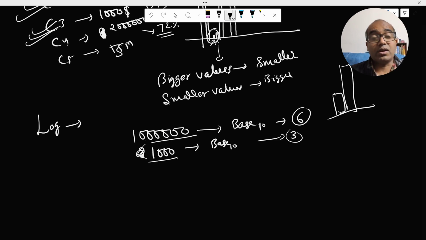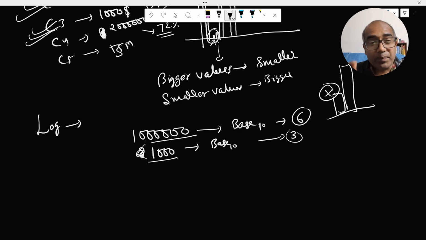But the difference is not too big. The difference is not so significant that your model would think this data is really not important. So with the help of the magnifying glass, known as logarithms, we are now able to increase the size of the bar which was smaller, and decrease the size of the bar which was bigger.